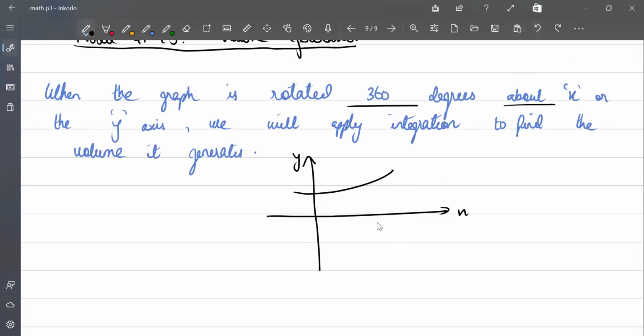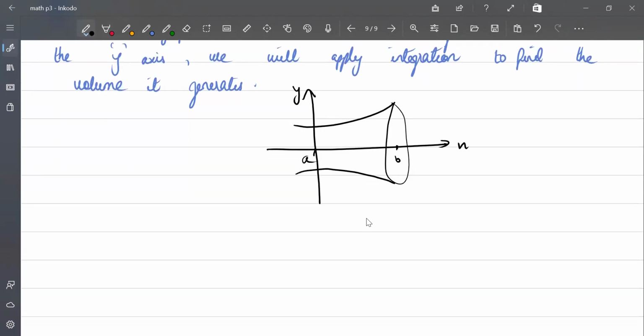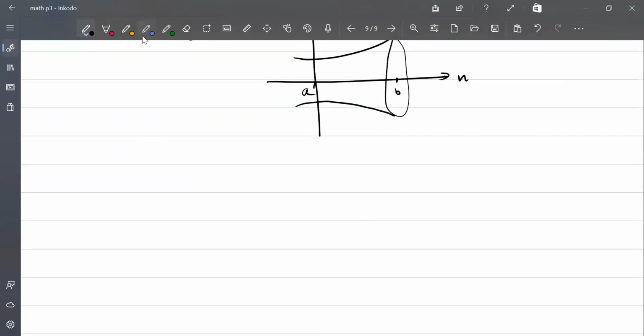Let me draw a neater diagram. If we rotate it 360 degrees, this is the volume which is generated. And this formula is used to find this generated volume. This should be dotted lines, but this is just a visual for explanation. This should be the volume generated, and this is what we will find through this formula, which we are going to study.